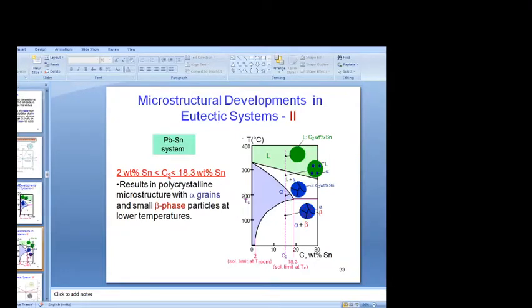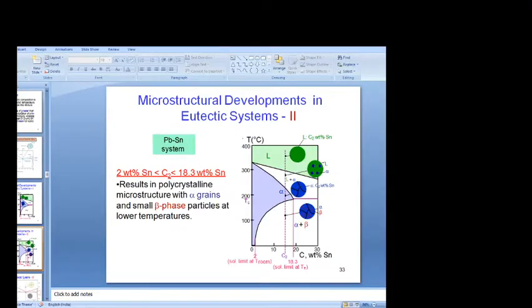As you can see, the arrow is indicating the progressive direction, replacing the liquid phase. The redistribution of lead and tin occurs by diffusion in the liquid just ahead of the eutectic liquid interface. The arrows indicate the direction of diffusion of the lead and tin atoms.